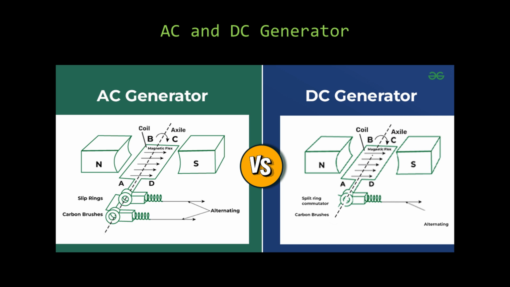The split ring commutator, divided into two halves, helps maintain this unidirectional flow. The main difference is the type of current generated. AC generators produce alternating current, which periodically changes direction, while DC generators produce direct current, flowing in a single direction.